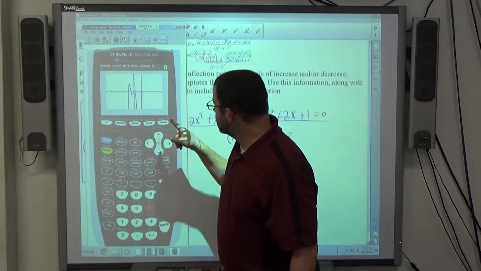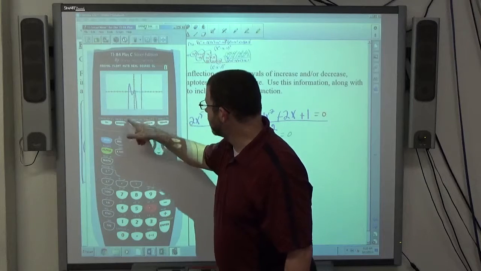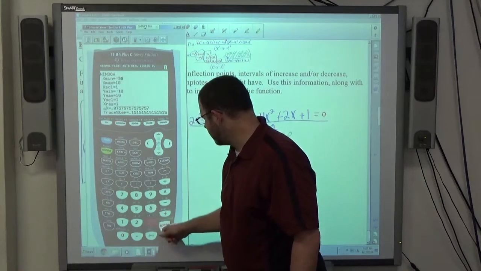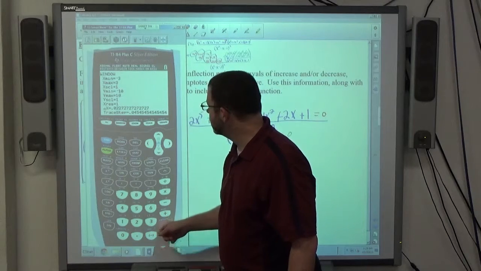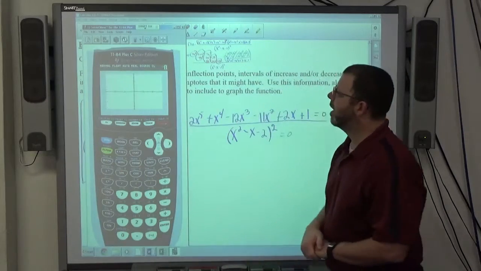Let's see, looks like between negative 3 and positive 3, so if I zoom in a little closer, let's go from negative 5 to 5, because we don't care about anything past that. Try it again, see what happens.